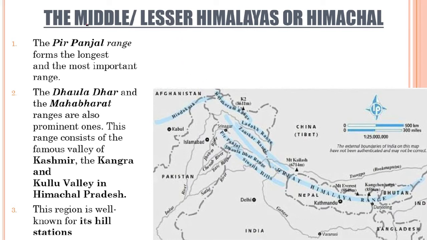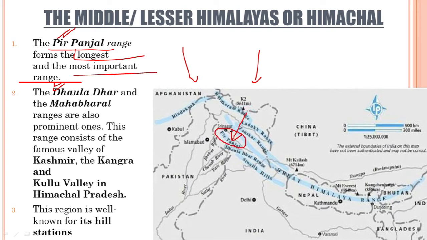So students, we have already come across this peak which is known as Pir Panjal, and it is the longest as well as the most important range of Middle Himalayas or Lesser Himalayas. So let us try to locate it here on the map. Okay, so when we come down to the Lesser Himalayas from Greater Himalayas, we'll find Pir Panjal around Kashmir Valley.